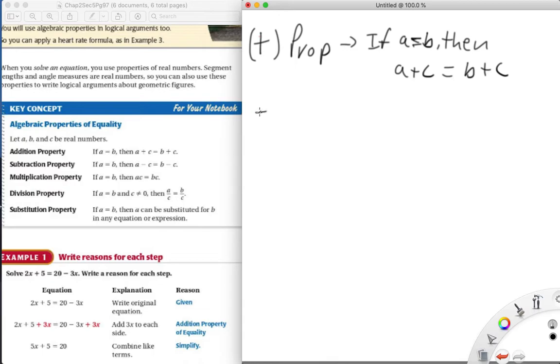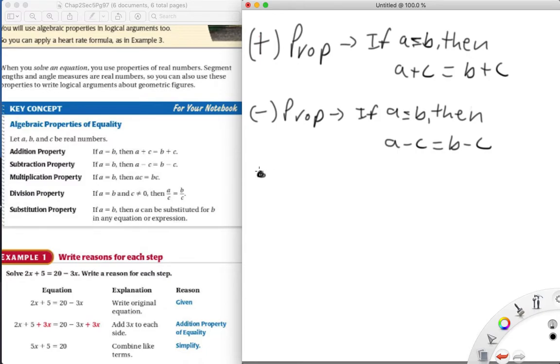Then we have the subtraction property of equality, which says if A equals B, then A minus C equals B minus C. We know these, like I said before, but we've never had to justify them.